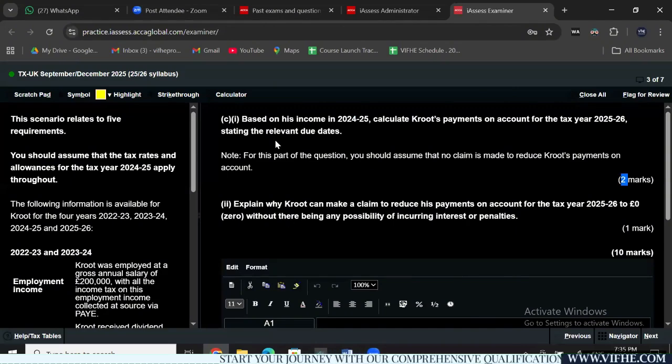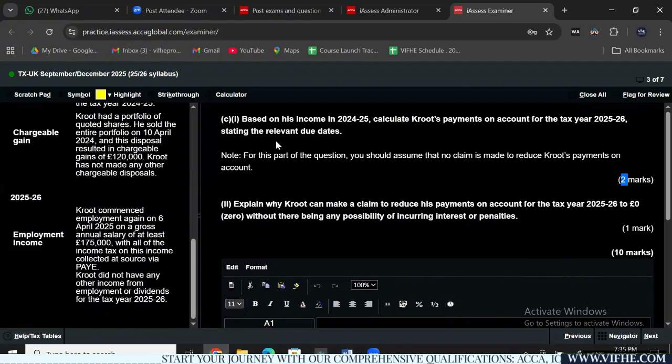Okay, so whenever we calculate the payments on account for any tax year, the previous year's tax payable and NIC 4 will be picked up first, and its 50% shall be paid as the payments on account, both as the first payment on account as well as the second payment on account.